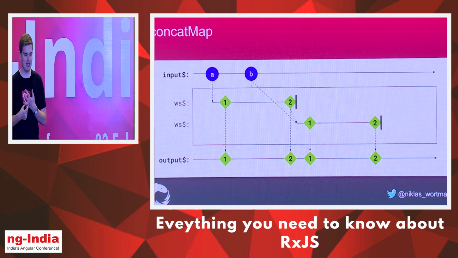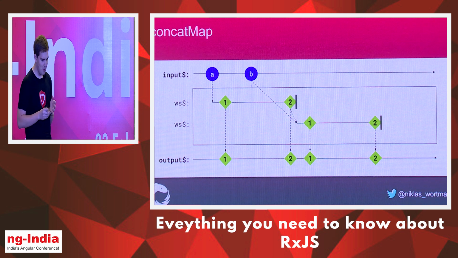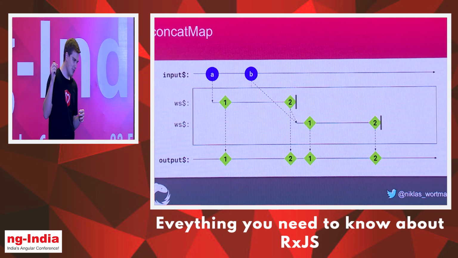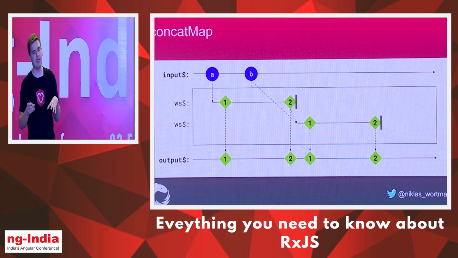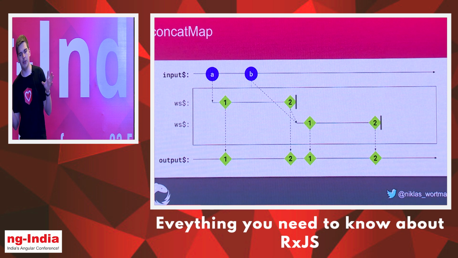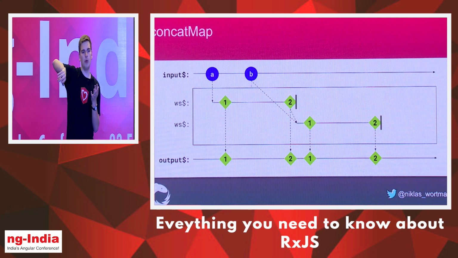Now we come to a more or less complex part, but I know that Michael will elaborate on that later. Maybe, we don't know. Concat map. In most business applications, if you are trying to be as reactive as possible, you will have multiple streams, and sometimes you want to pass some value of one observable to another one.